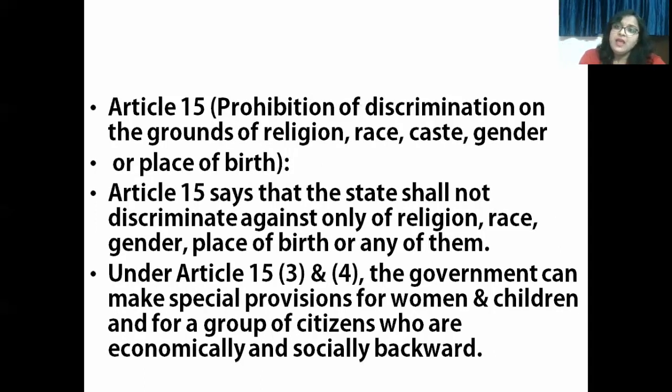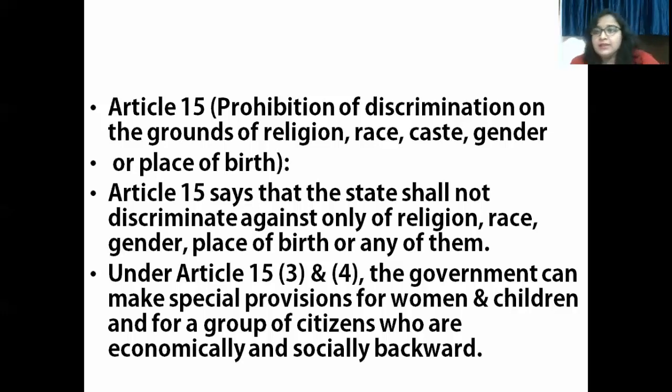Article 15 explains that there is a total prohibition of discrimination on any ground like religion, race, caste, gender, or place of birth. The state shall not discriminate against any person on the basis of religion, race, gender, place of birth, or any of them.